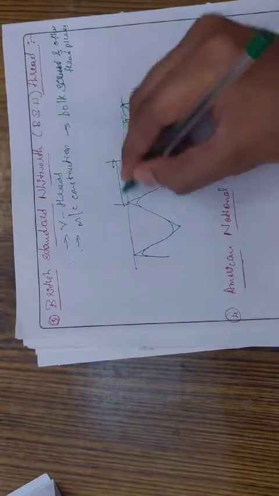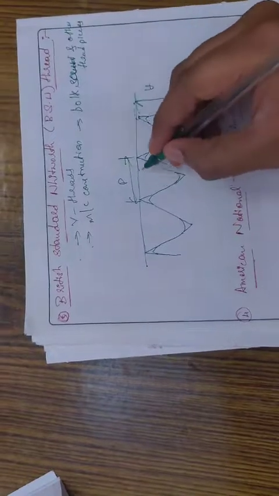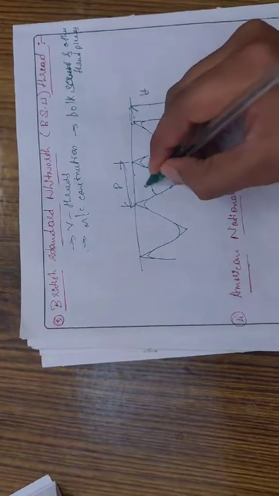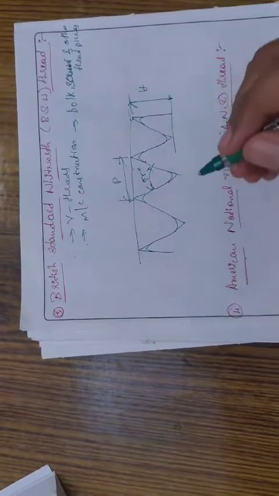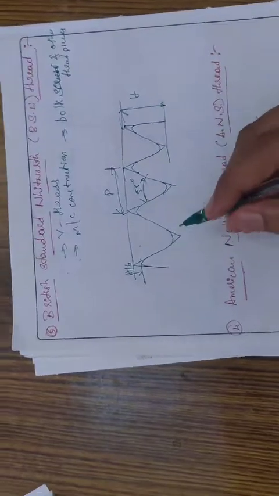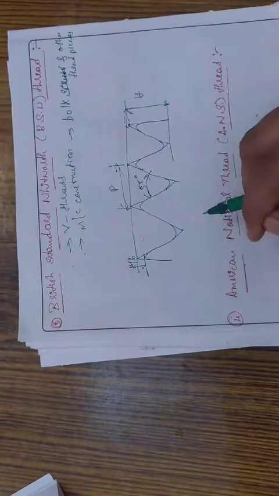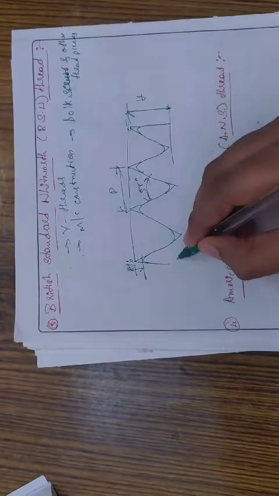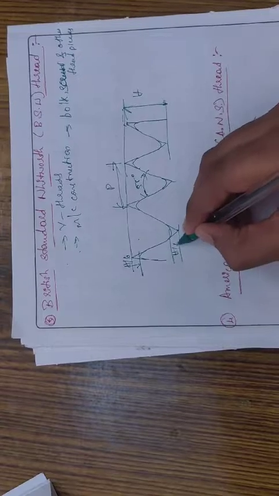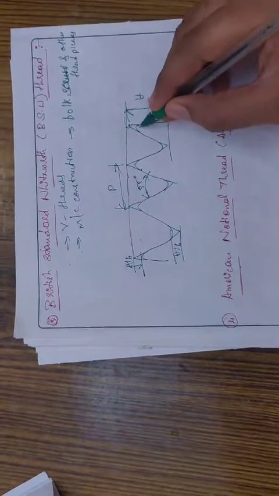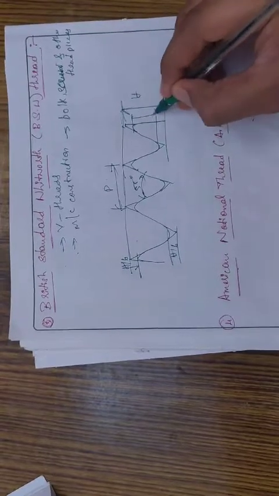The distance between these two we can call P, and the angle is 55 degrees between the threads. The height we can call h by 6. Earlier, in the International Organization for Standardization thread, above was h by 6 and below h by 4. Here both should be h by 6, and this is the internal diameter.